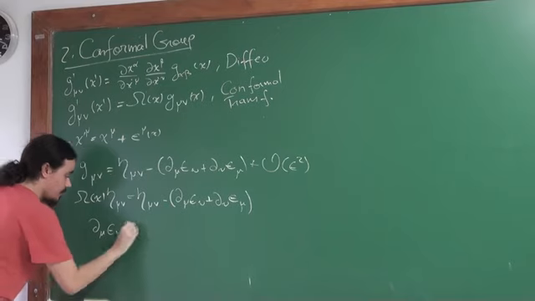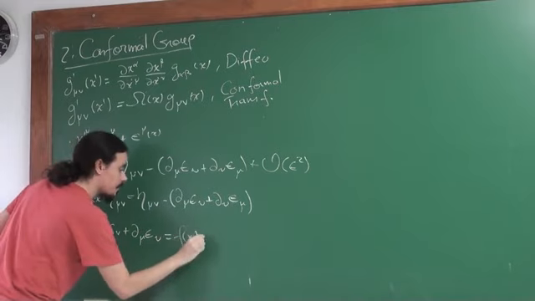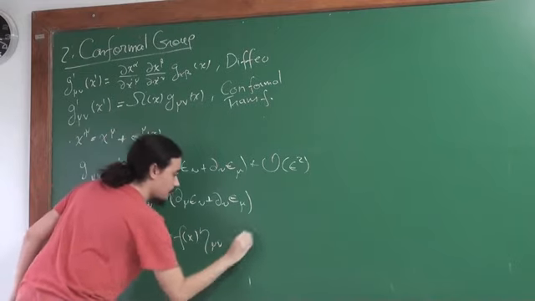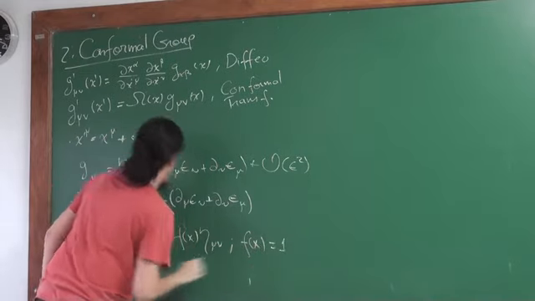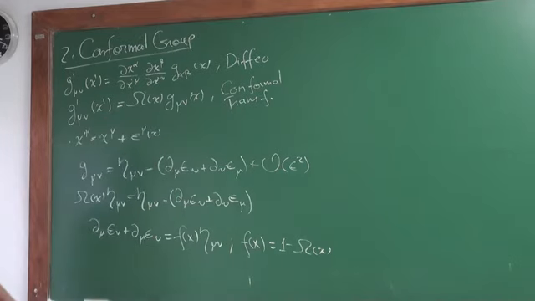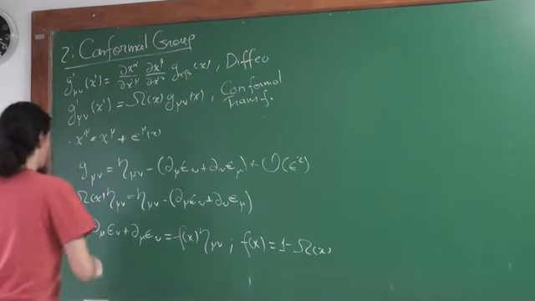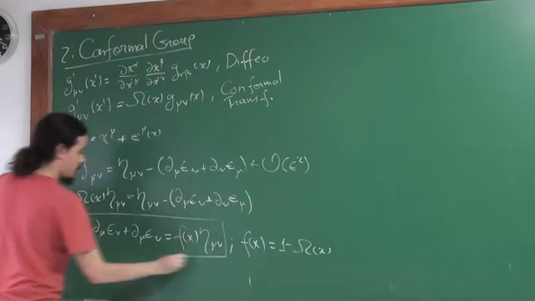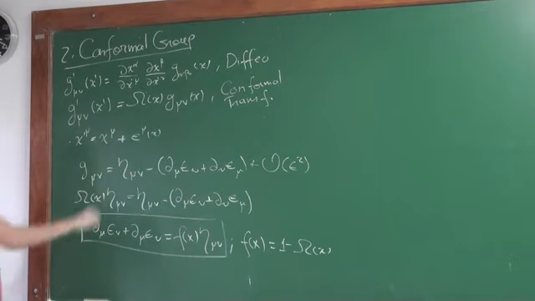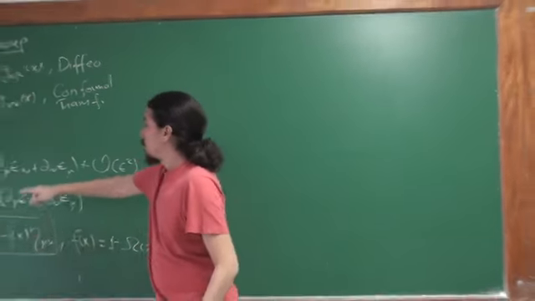I'll just put these terms together and call them f, for simplicity. Okay, so we will start from this equation to determine the most general form this epsilon mu of x can take for this to be an infinitesimal conformal transformation.